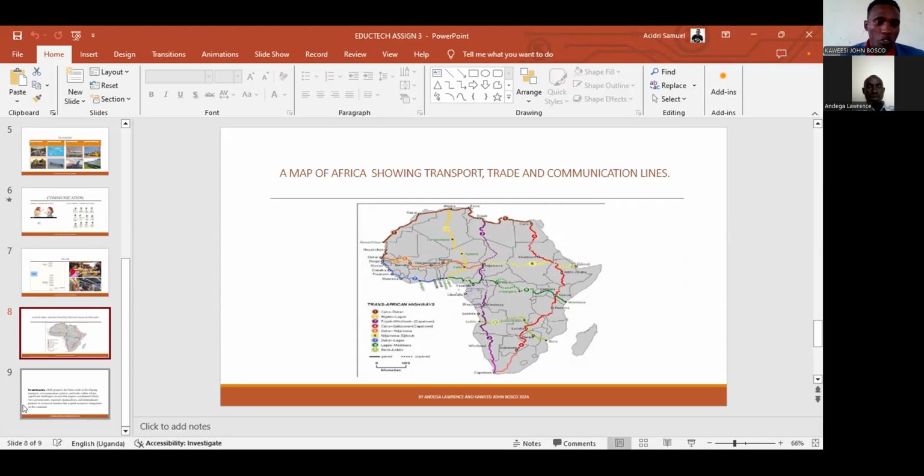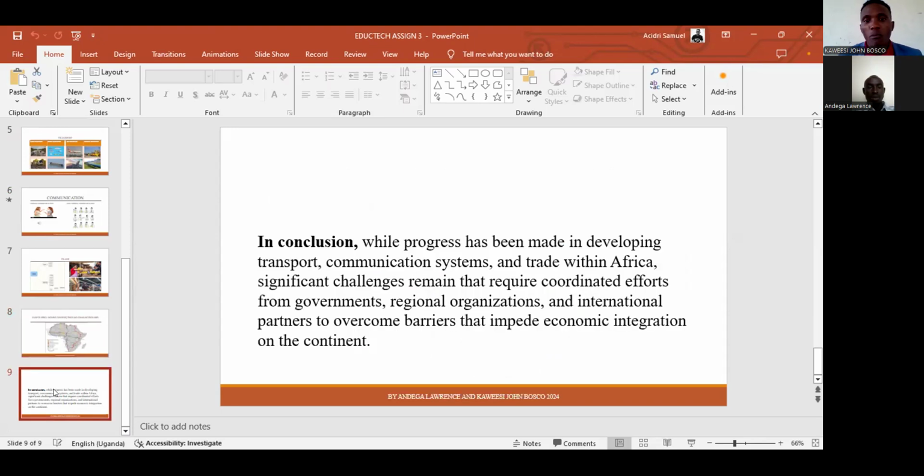Because time has gone, allow me to conclude by saying that while progress has been made in different developing countries, communication systems and trade within Africa remain a significant challenge that requires coordinated efforts from governments and regional organizations. For example, you can talk about the African Union.